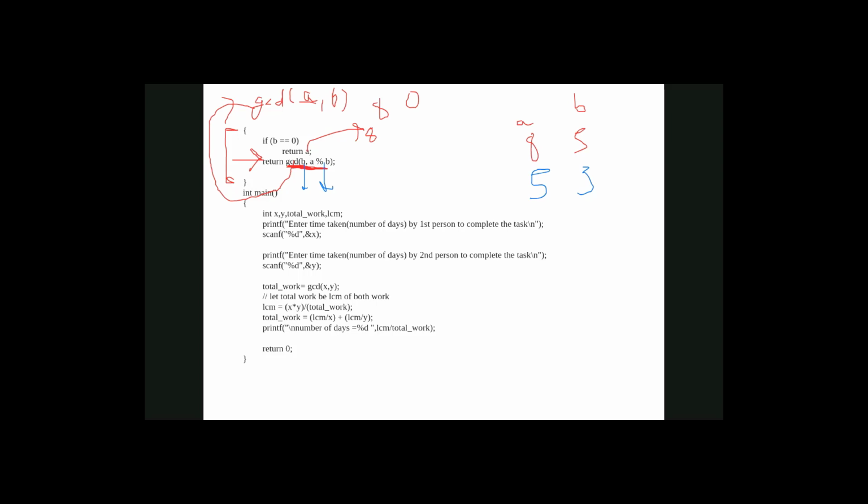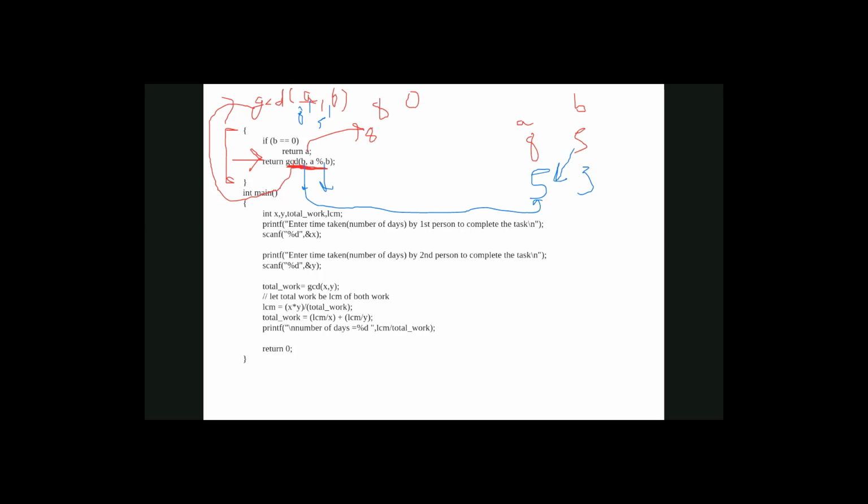This is 8 and this is 5. Now what is happening? Here comes the B part. In the A part comes the B part, so 5 will come. And in this part, what is happening here? This is the B part.